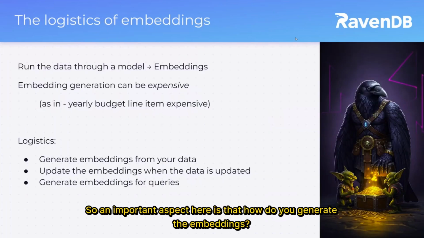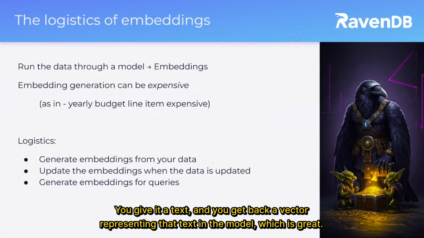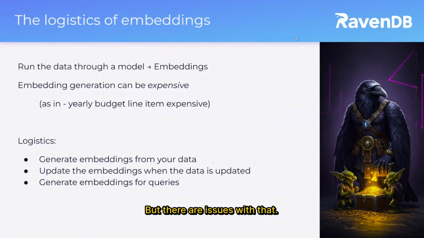So an important aspect here is, how do you generate the embeddings? Well, you can go and ask OpenAI, for example, or Grok, or any of the models. You give it a text, and you get back a vector representing that text in the model, which is great. But there are issues with that.